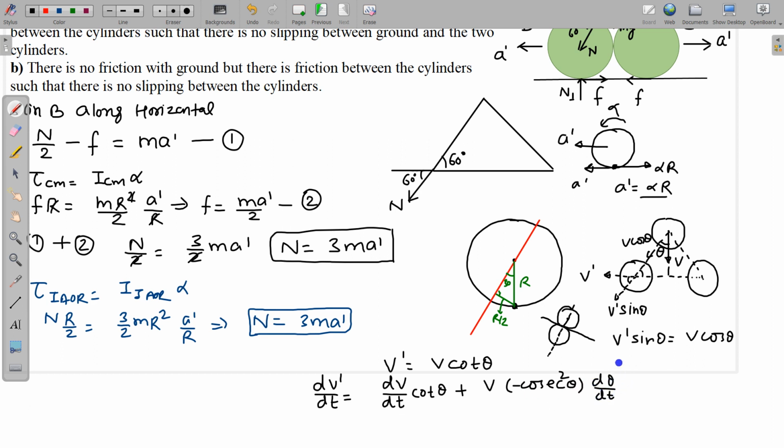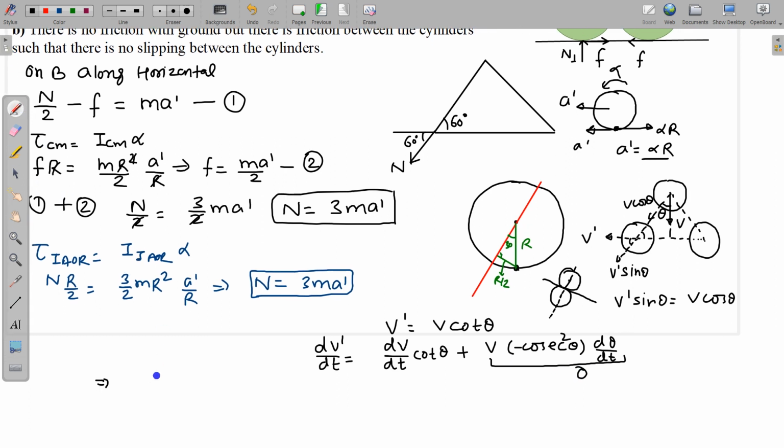The important term is d theta by dt, and this d theta by dt is not 0 in this particular case, but at the initial moment velocities are 0, and since velocity is 0, this whole term will be 0. So we can write further, this is 0, so we can write a dash is equal to a cot theta.